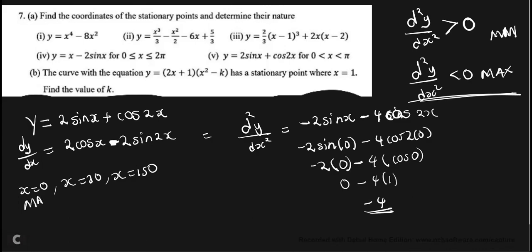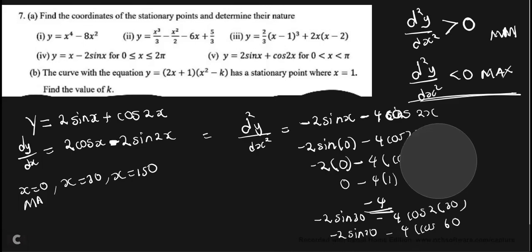Then you also go on to 30: negative 2 sine 30 minus 4 cos 60, like that.